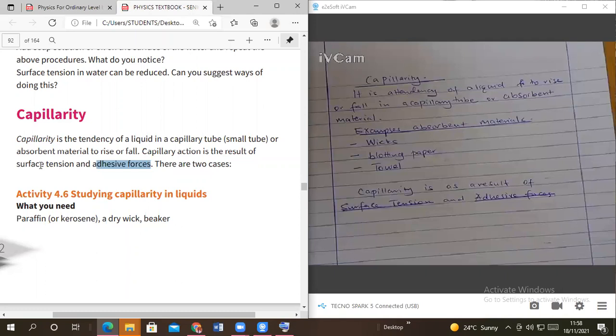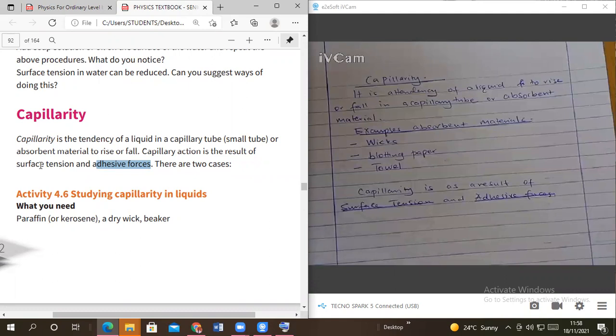Now, what about surface tension? How is capillarity or capillary action a result of surface tension? Remember that surface tension is a force that makes a free surface of a liquid behave like a thin, stretched elastic skin or a thin membrane.